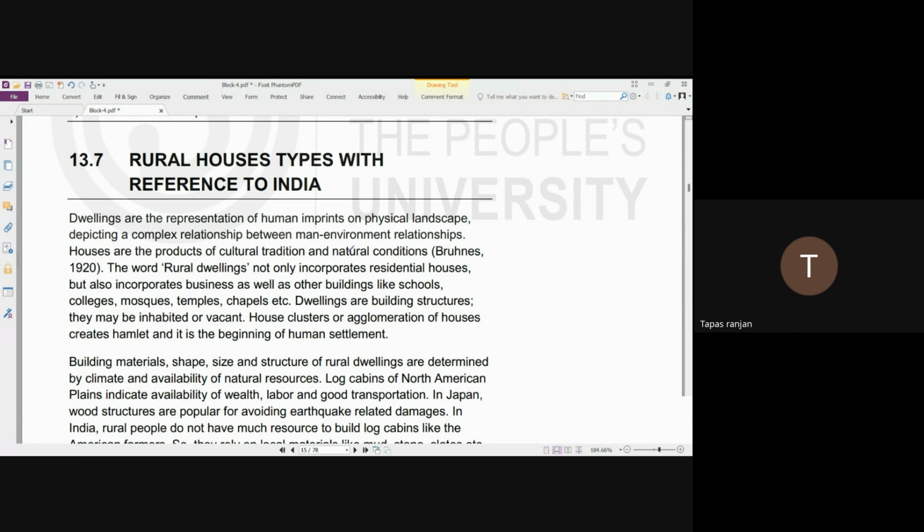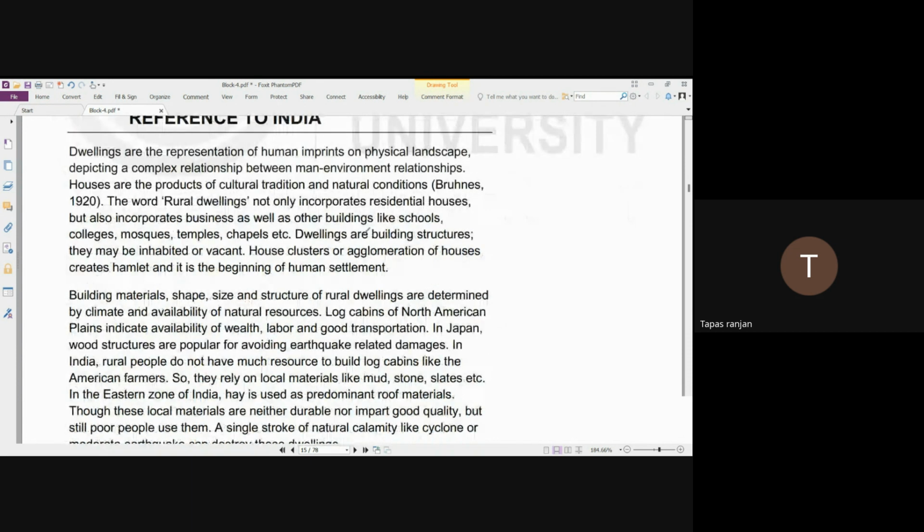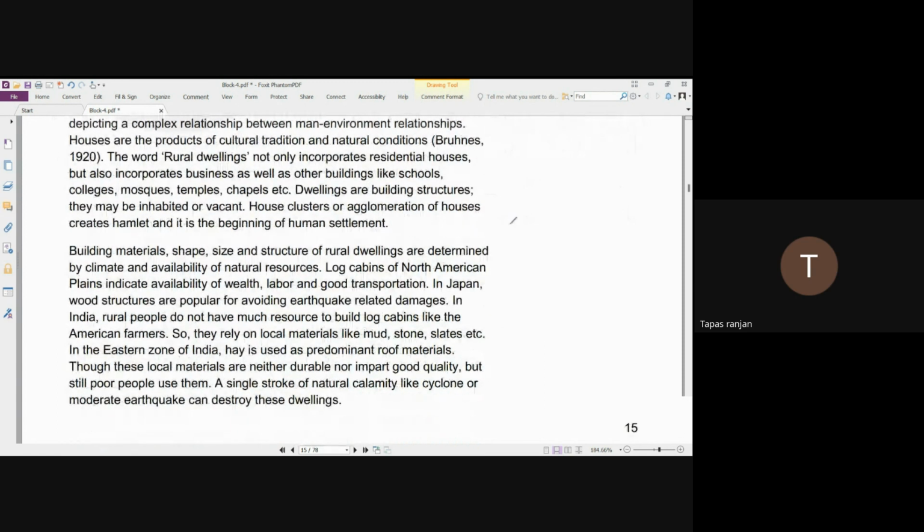But mostly in rural areas, if we dive into the 80s and 90s, most of the people were living in kacha houses or earthen houses, and the size of the rural settlements was very small.